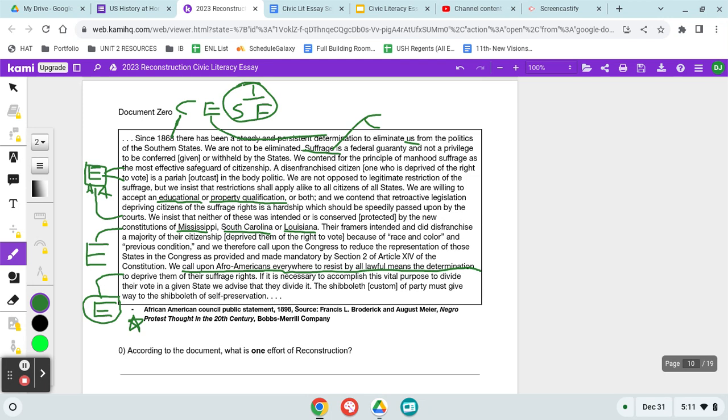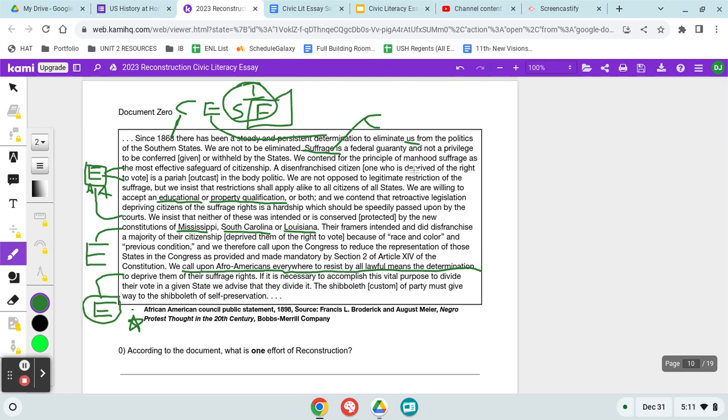So again, one thing that I was looking for in this document is, can I use this document for success and failure? Well, yes, I can, because in addition to finding some circumstances that African Americans found themselves in in the South during Reconstruction, and the efforts by racist actors, the efforts of African Americans to fight for their right to vote, I've also seen that there must have been a huge failure of Reconstruction, right?